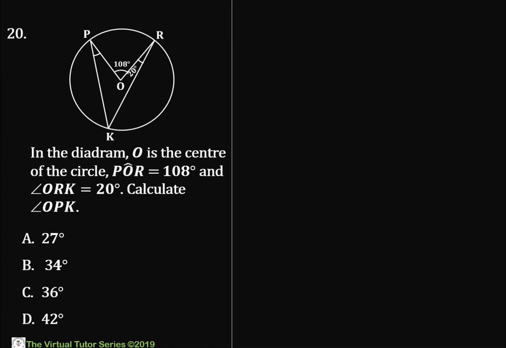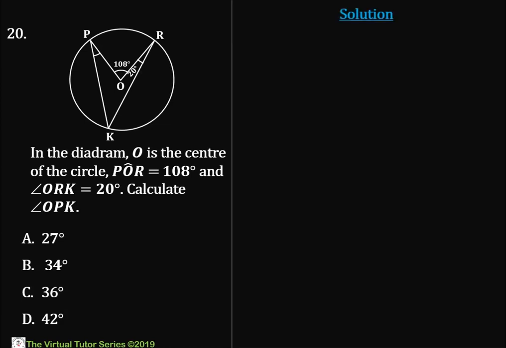Question 20. In the diagram, O is the center of the circle. Angle POR is equal to 108 degrees and angle ORK is equal to 20 degrees. Calculate angle OPK. Solution.